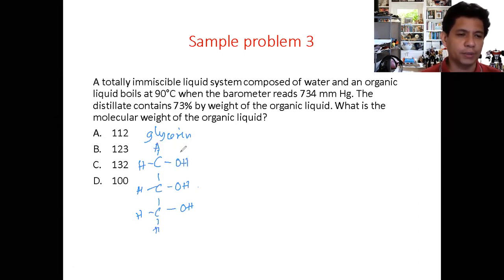So you have C3. That would be 3 times 12 plus 3 times 16 plus 8. So the molar mass of glycerin is 92.